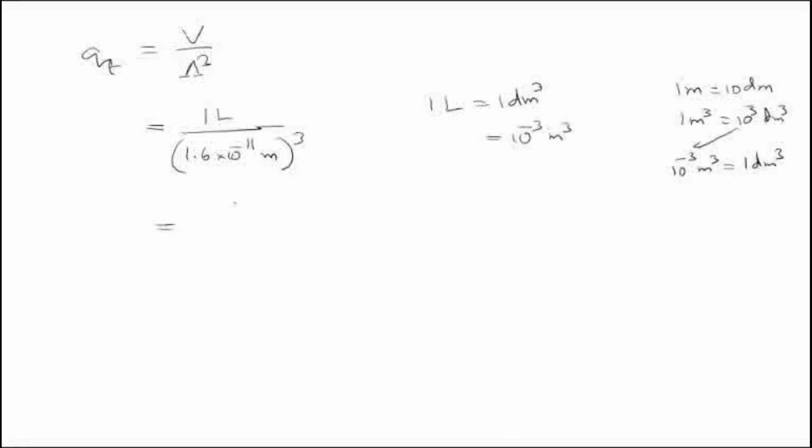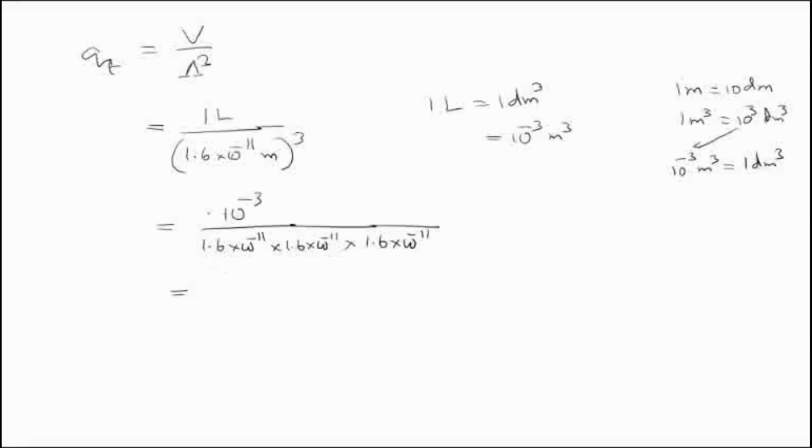So you can write it as 10 power minus 3 by (1.6 into 10 power minus 11) into (1.6 into 10 power minus 11) into (1.6 into 10 power minus 11). Okay. So this is the formula. We have to simplify this. Listen, I'll do it like this.